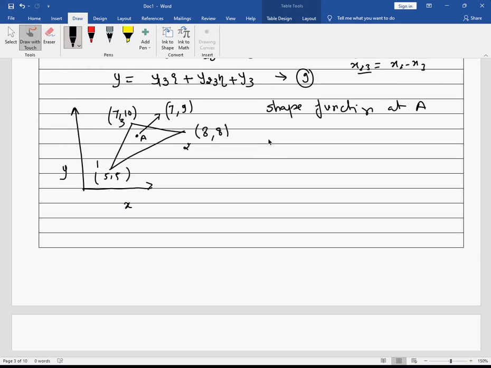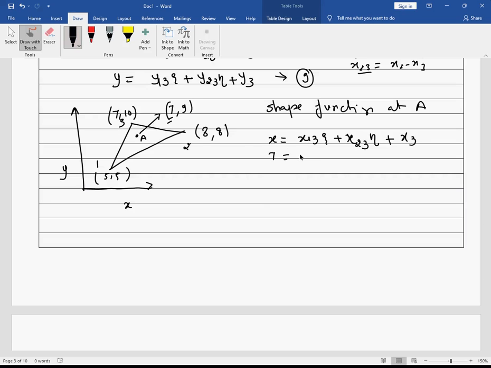So now we can write the first formulation, that is x is equal to x13 zeta plus x23 eta plus x3. My x here in this case is point A, that is 7. x1 minus x3, so this is 1 and this is 3.